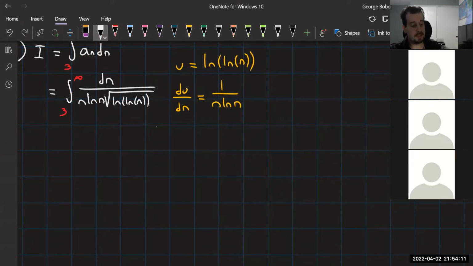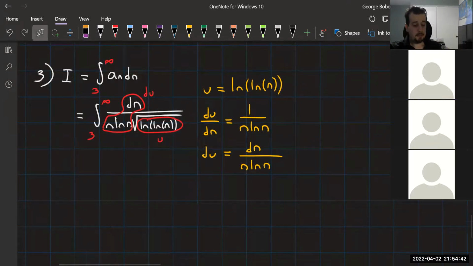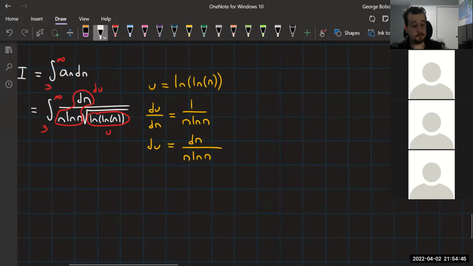It'd be nice to replace dn right now, so here's what I'm going to do. I'm going to say du is dn over n times ln n. So in my original integral, this bit right there is du, and this bit right here is u. That's what's going on. While I'm at it, might as well change the limits.